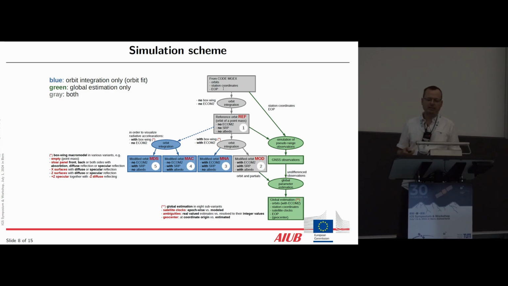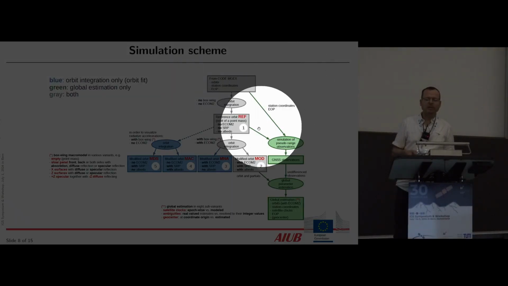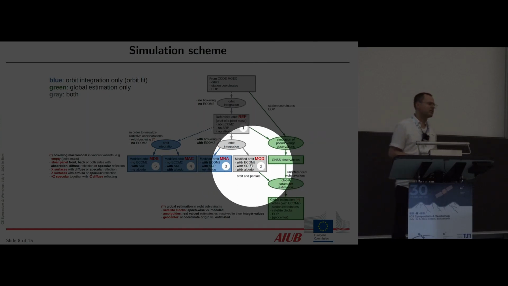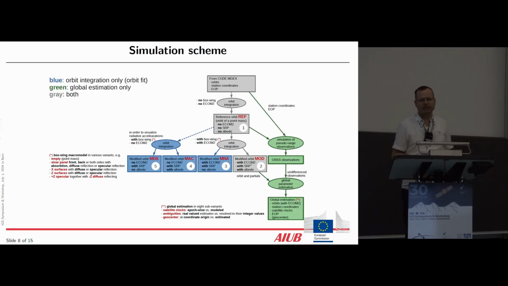On the other hand, as an a priori, and even more modeled with the partials, also with ECOM parameters and all, we took a modified orbit. So in this case, an orbit with ECOM2 enabled, albedo enabled, and one single surface.